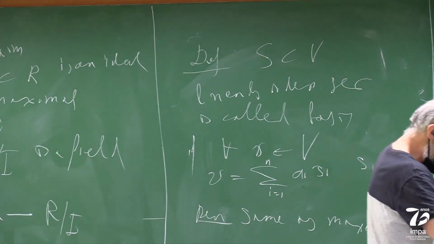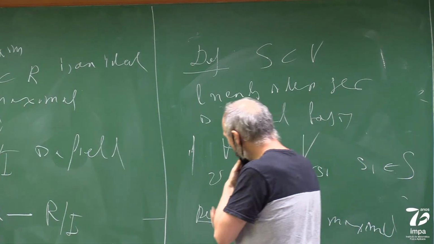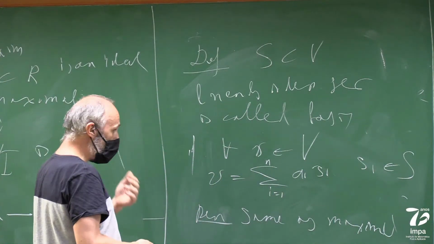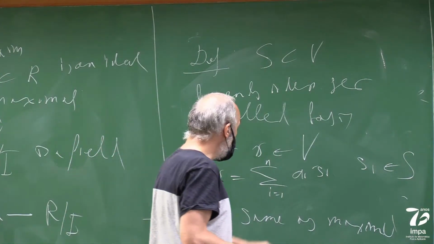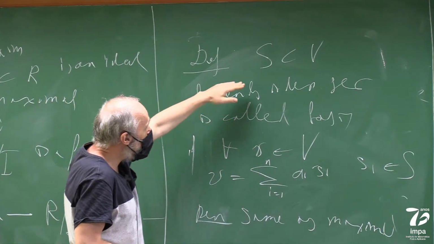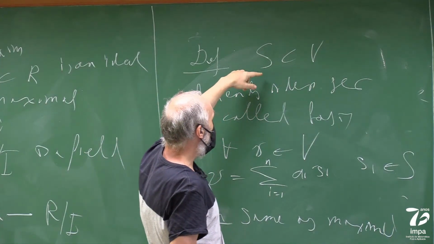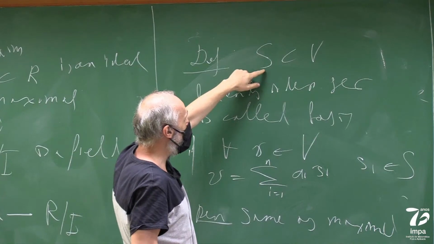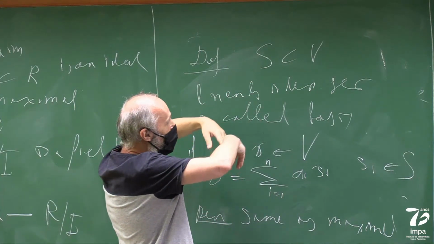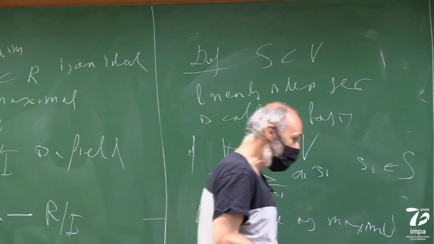Maximal is when you cannot add one more vector so that the whole thing remains linearly independent. So you have this set S. If it is a basis, then all elements of V can be expressed through S, so you cannot add one more vector to S such that the whole thing remains linearly independent.